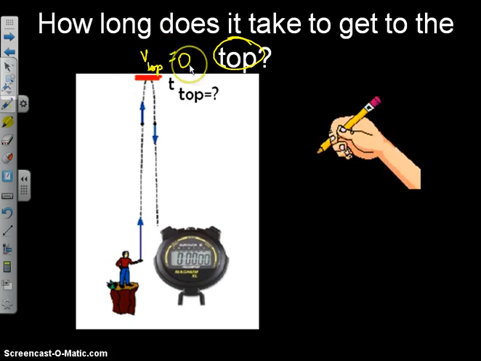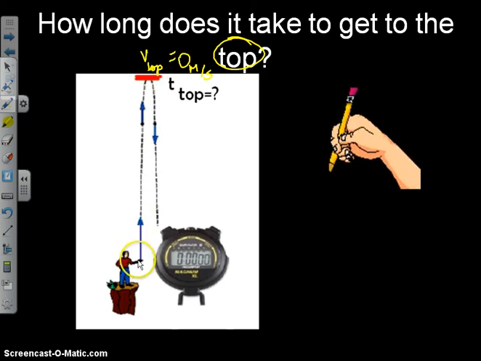Now it used to be that when we were doing just plain old free fall where something just fell, we said our initial velocity is always 0, and we can't say the initial velocity is always 0 anymore, because sometimes things start from down here in the trajectory. You can always say that the velocity in the y direction at the top is always going to be 0 meters per second. So let's use that to our advantage.